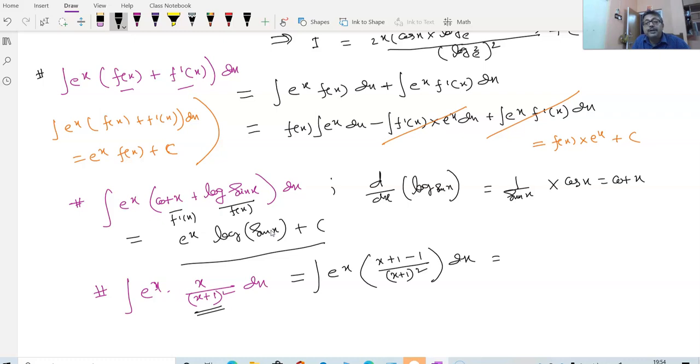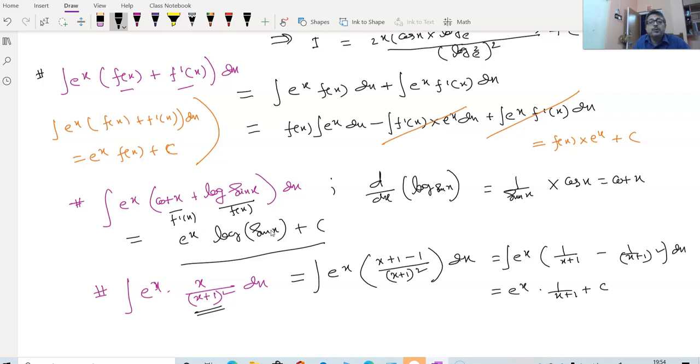And probably I have got it here. I did some mental calculation. Everyone needs to do that before you start the main step. You are in class 12. You can do this step easily because the derivative of this is going to be this. The answer is only e to the power x, 1 by x plus 1.